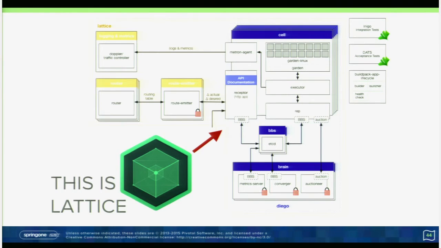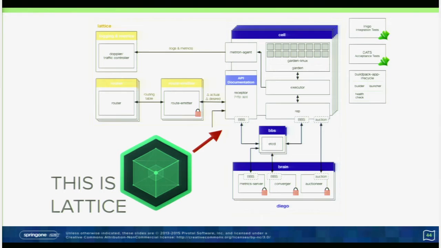We're going to take the red stuff and we're just going to kick it out. And then we have Lattice, essentially. There's more to it than that, but basically what you're looking at is the container scheduler, the routing mechanism, the logging and metrics aggregation mechanism, without any of the policy and multi-tenancy and quotas and security and all that other stuff.